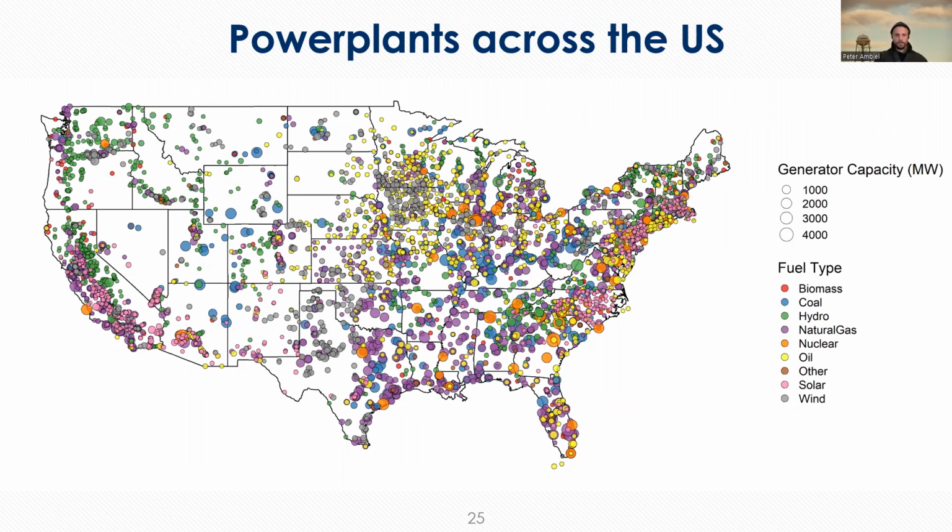This includes all types of power plants, though. So the color of the dots indicates the fuel type, and the size of the dot indicates the capacity. So the larger the dot, the more electricity it can produce at any given time.